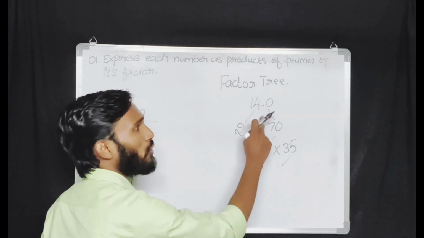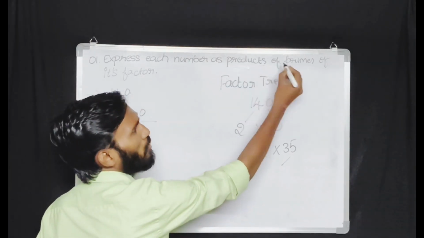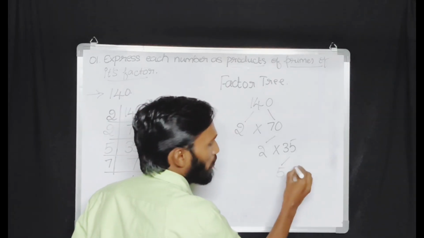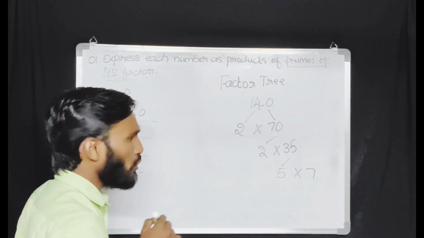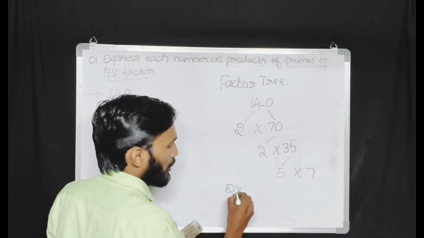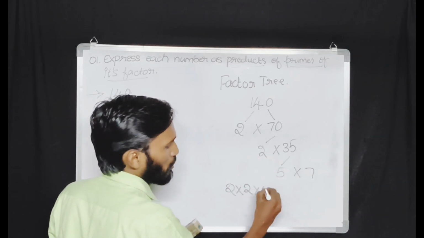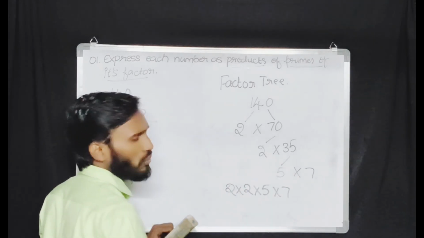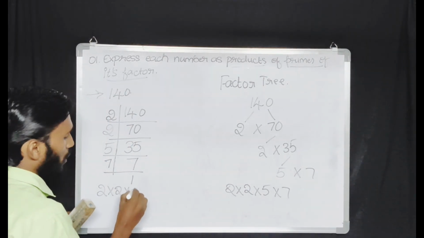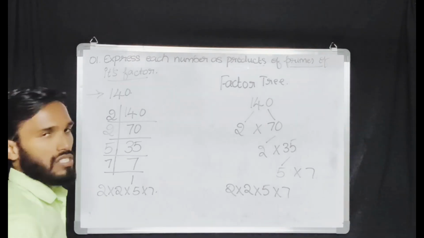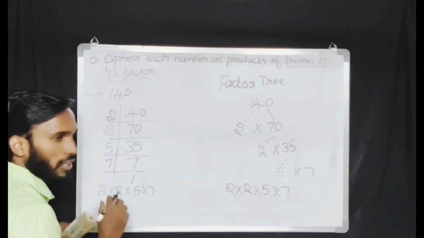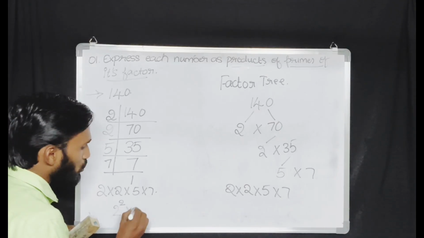Now we have to break down 140 as a product of primes of its factors. That means 5 into 7. So we get 2 into 2 into 5 into 7. Here also 2 into 2 into 5 into 7. How many times is 2 here? 2 times, so 2 power 2, or 2 square.